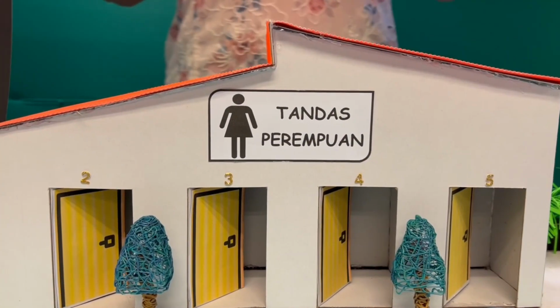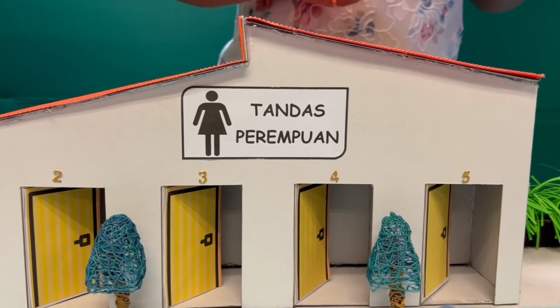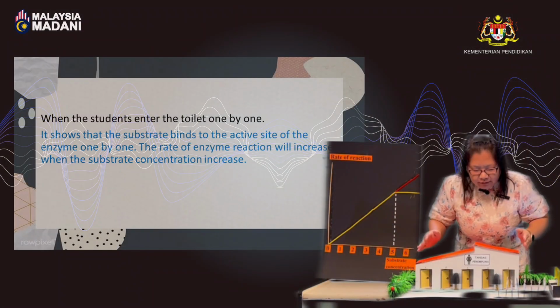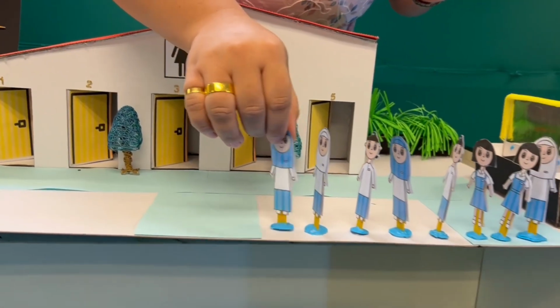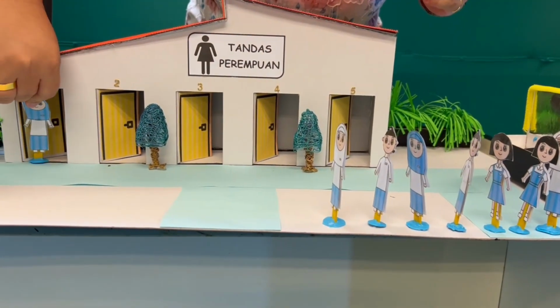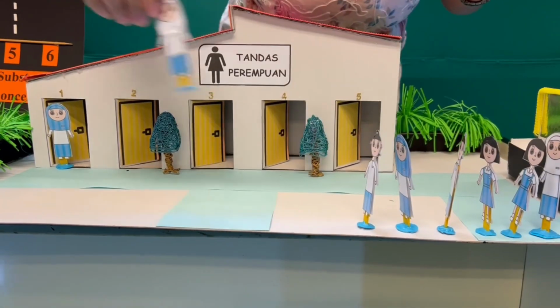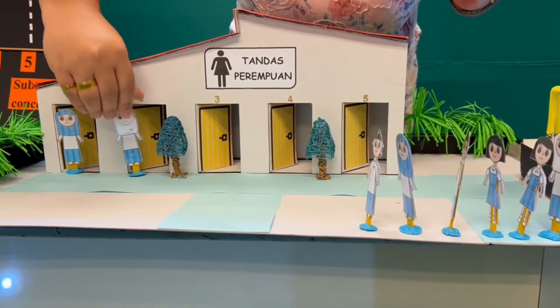During the recess, all the students will rush to the toilet. We can see the student will go to the toilet one by one. The first student will enter toilet number 1, and the second student will enter toilet number 2.